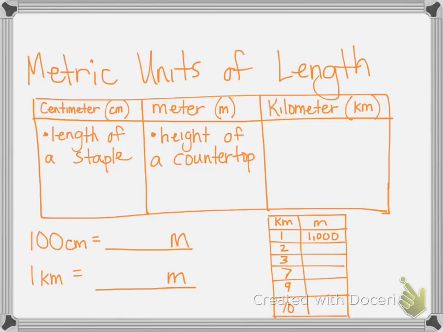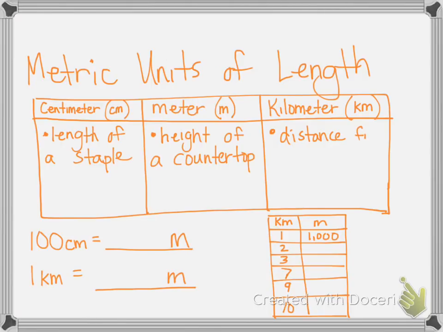And then you have a kilometer. Notice how we're going from centimeter to meter and then kilometer. Kilometer is going to be even larger. And I want you to think, let's see, probably about the distance. So we're talking about distances, lengths, height.